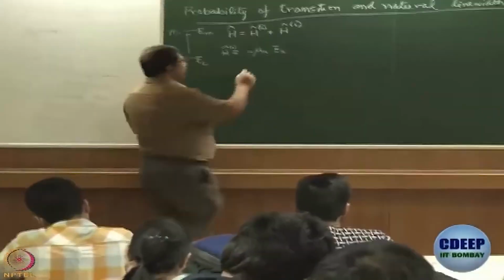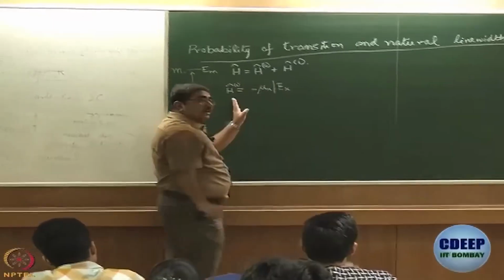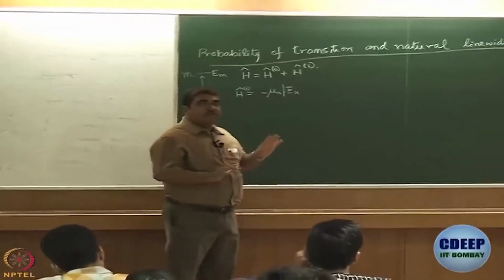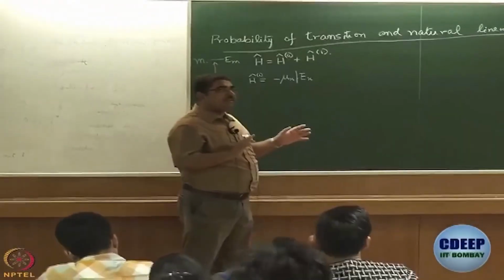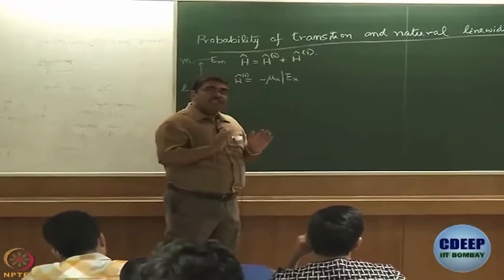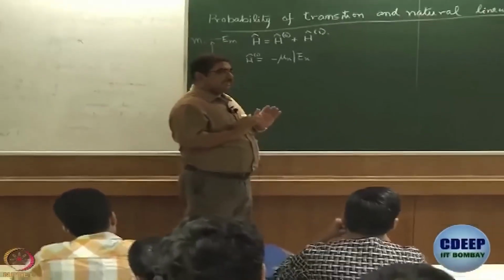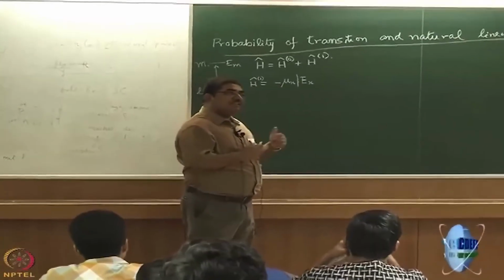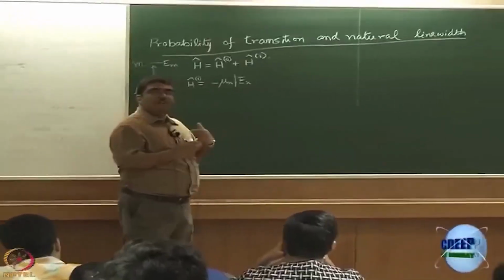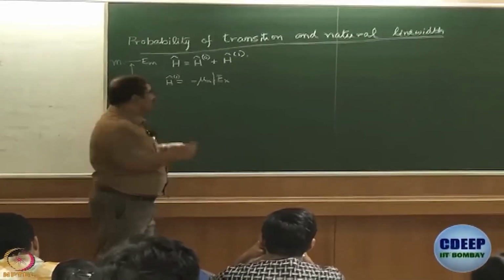Once again, please don't forget, when we formulate the Hamiltonians in the wave mechanical treatment, all our formulations are actually classical in nature. We are considering a classical electrostatic interaction between the dipole and the field, that is all.